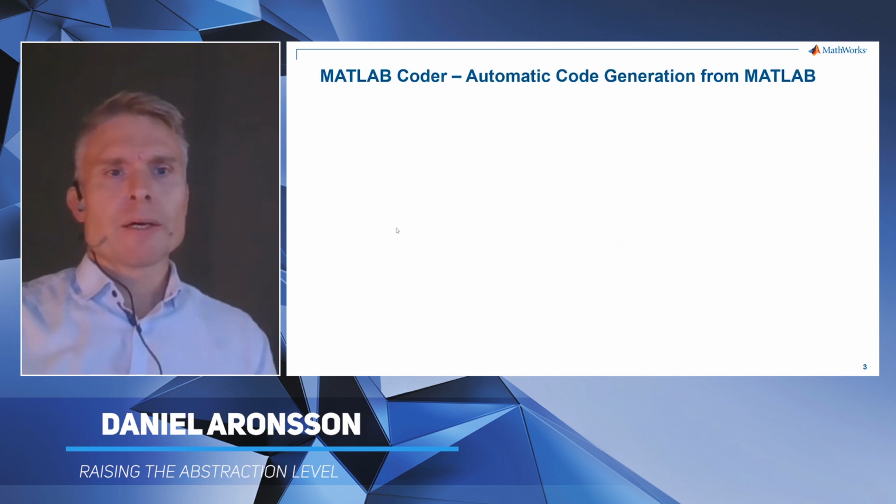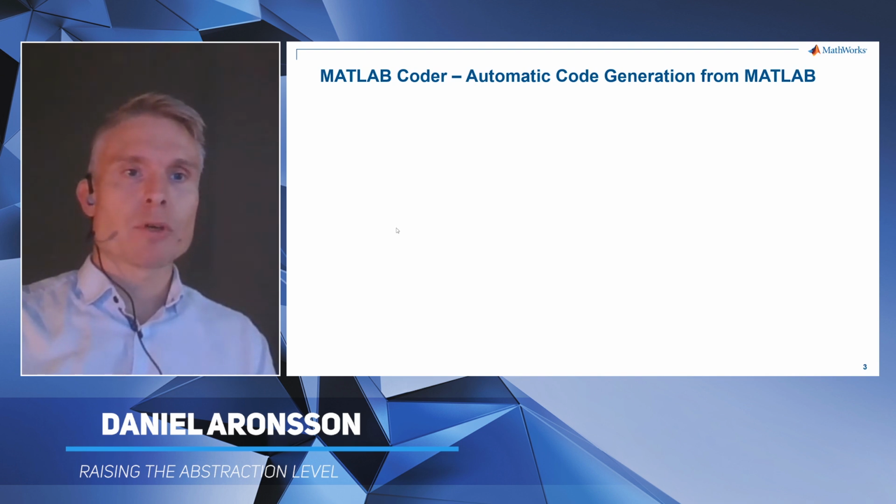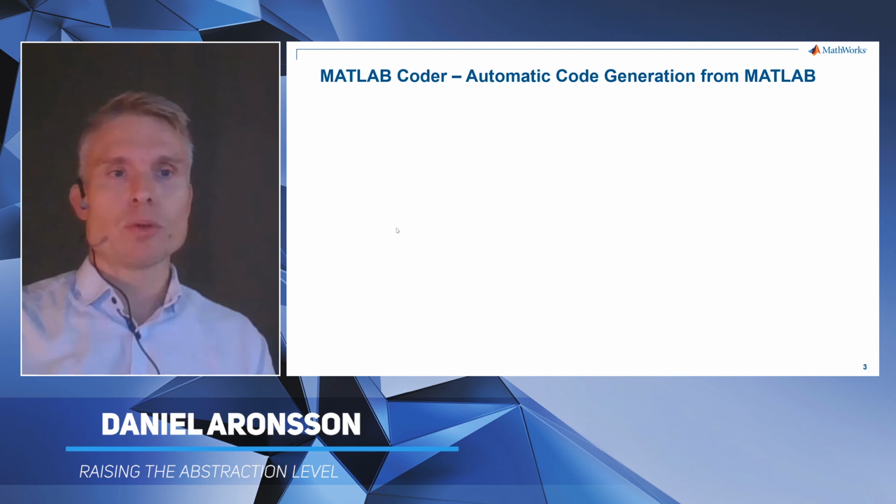But what we're going to talk about today is that once you have that MATLAB code written, how do you get from there to C or C++ code? And there we have something called MATLAB Coder that will allow you to take a MATLAB function and really translate that into C code. If you think about it, it's quite a difference between MATLAB code and C code, because MATLAB is a dynamically typed language, right?